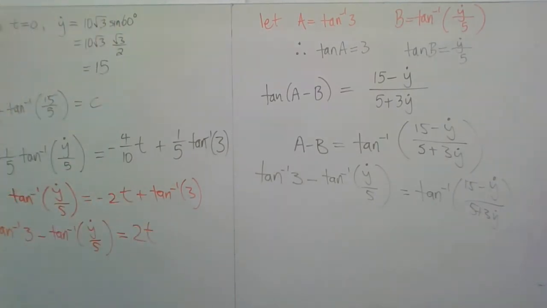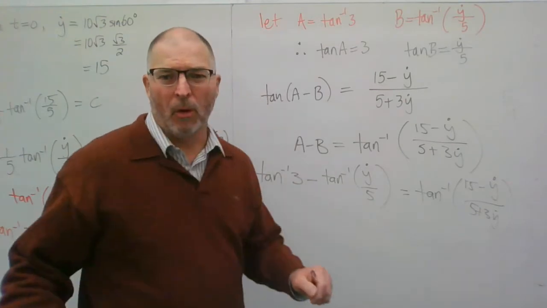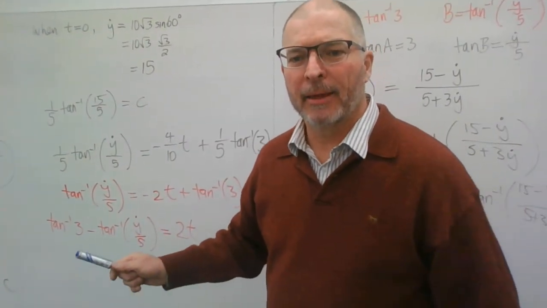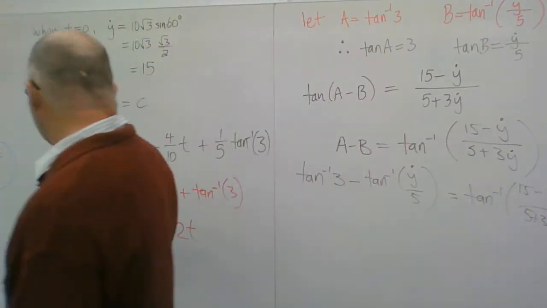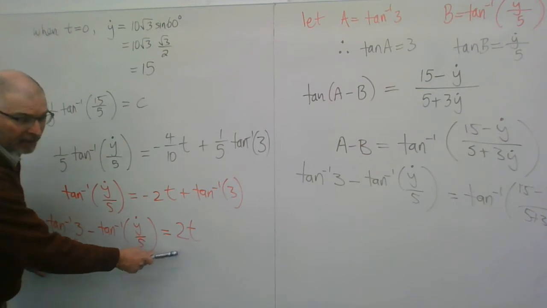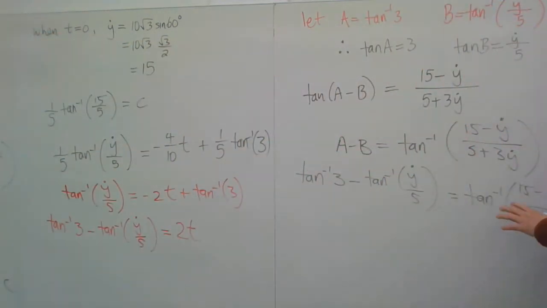All right, so we know from our working before that inverse tan of 3 minus inverse tan of y dot on 5 is 2t. So inverse tan of that minus that is this, but that's equal to 2t.